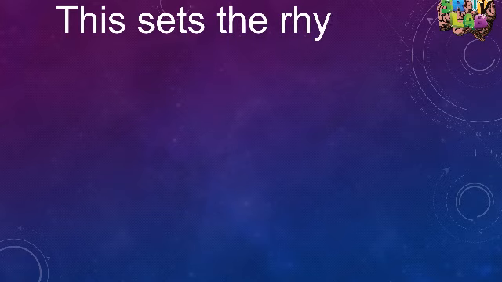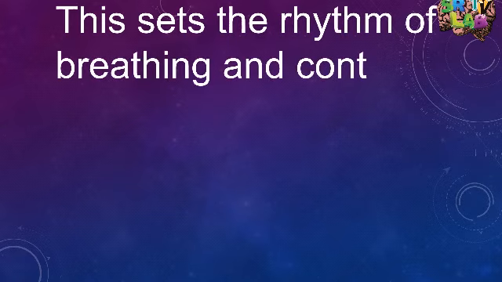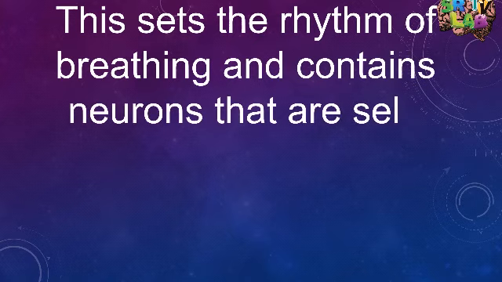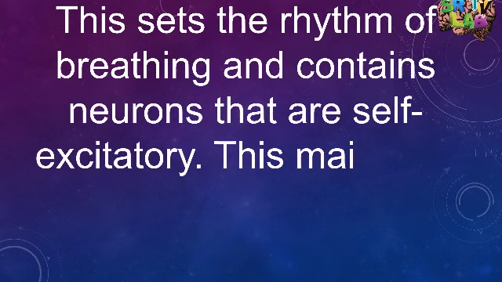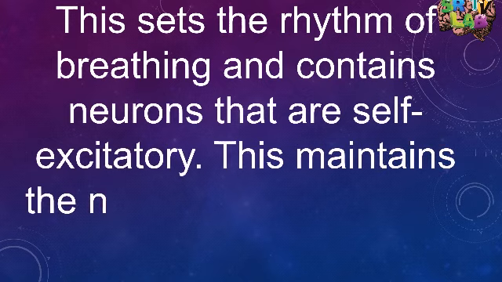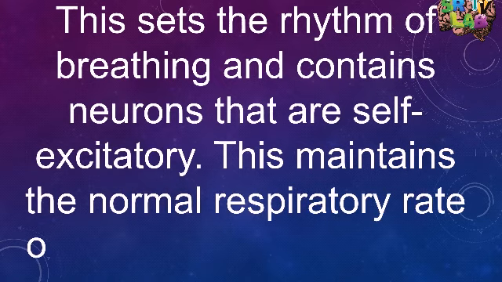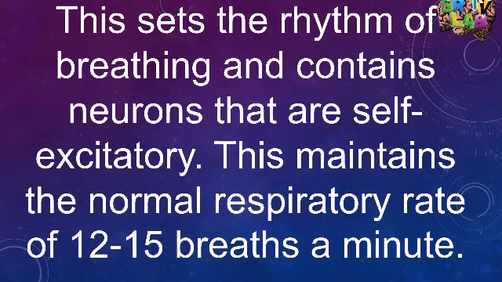This medulla oblongata sets the rhythm of breathing and contains neurons that are self-excitatory, like the ones in the heart. This maintains the normal respiratory rate, which is between 12 and 15 breaths per minute.